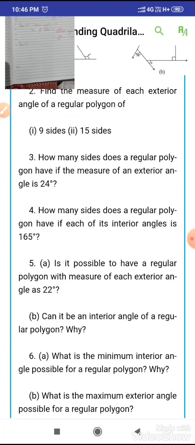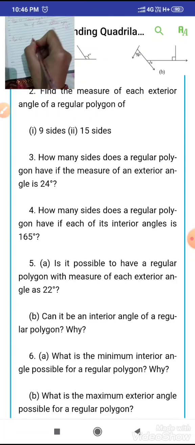But in this question, the exterior angle is not given and we have only the interior angle. First of all, we find the value of the exterior angle with the help of the interior angle. Now how can we do that?